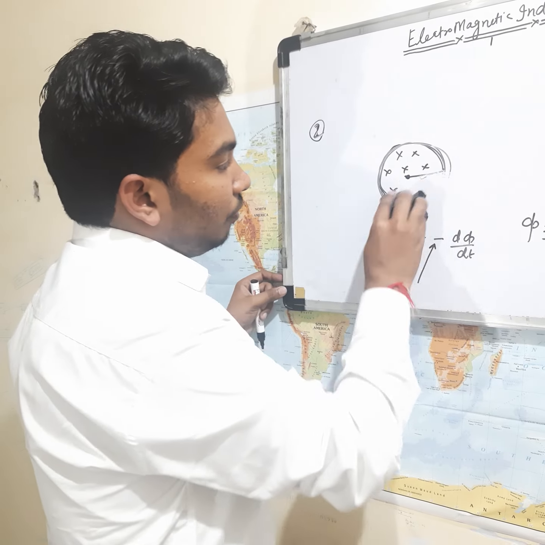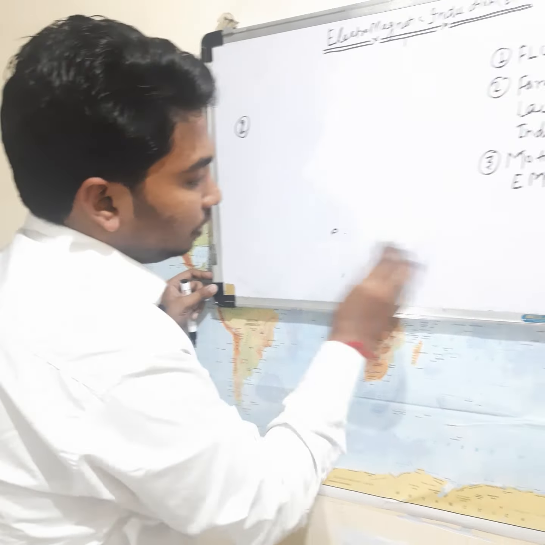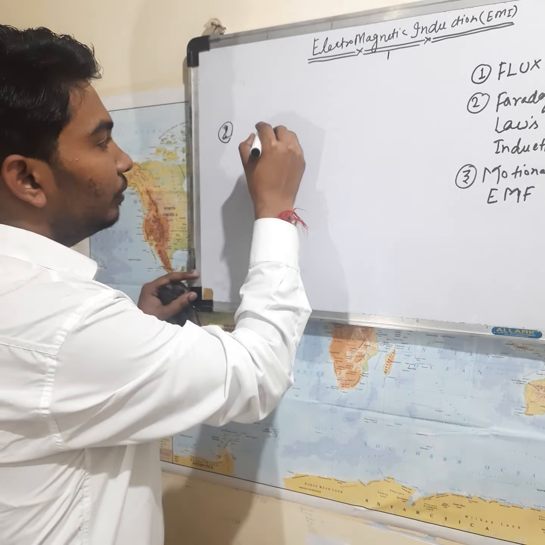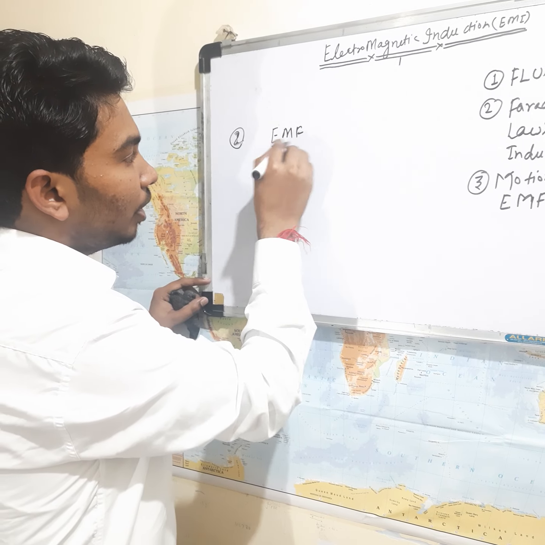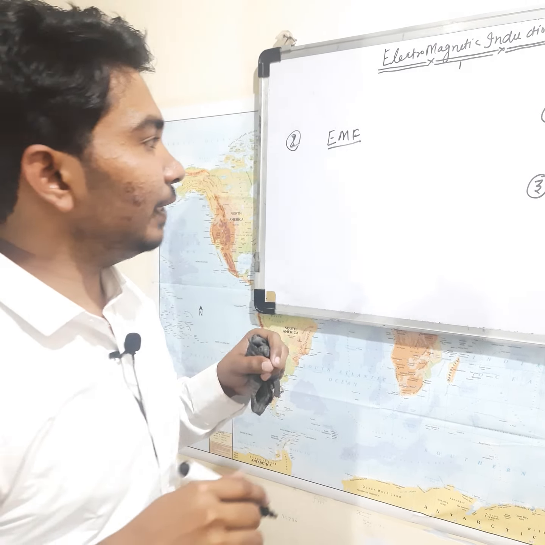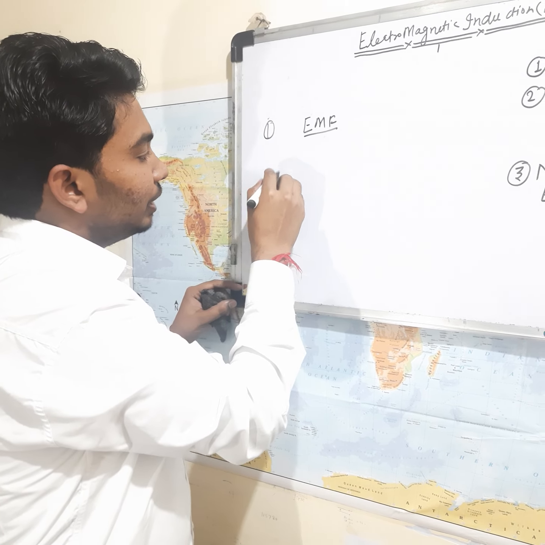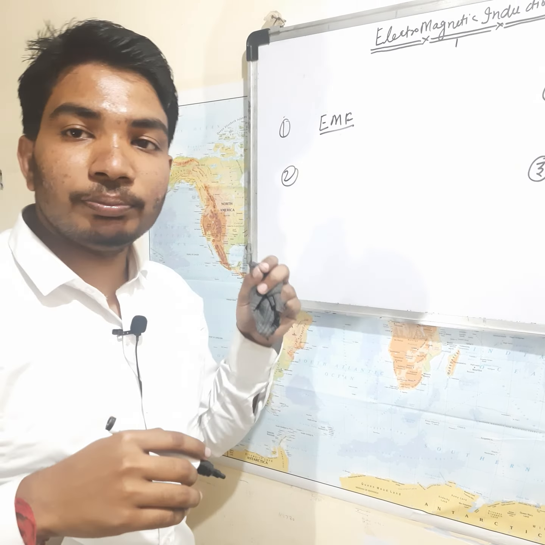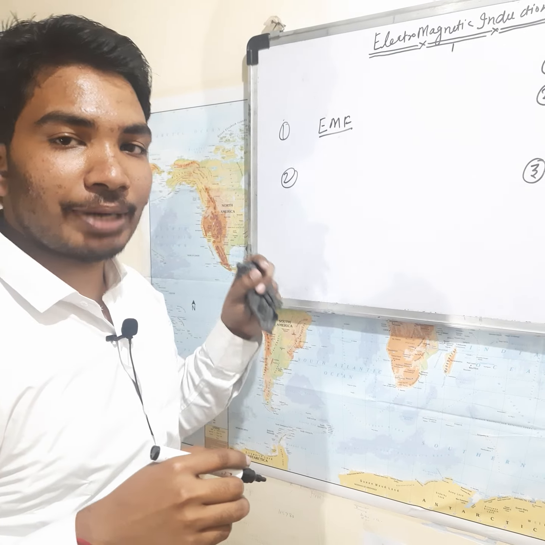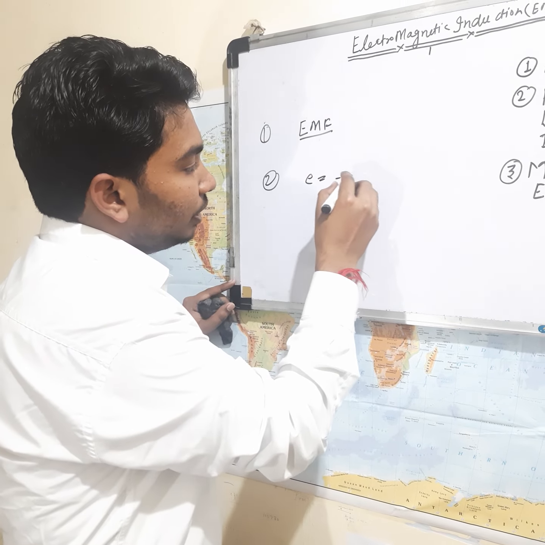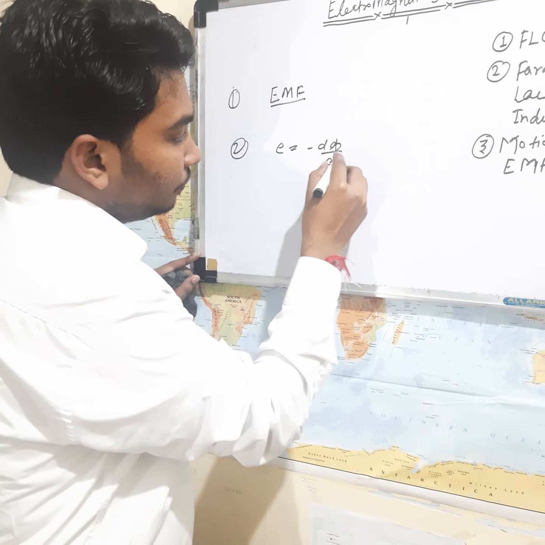So the first law of induction is about how the EMF is generated, and the second law of induction is about how we calculate the magnitude of the EMF, which is minus d phi by dt.